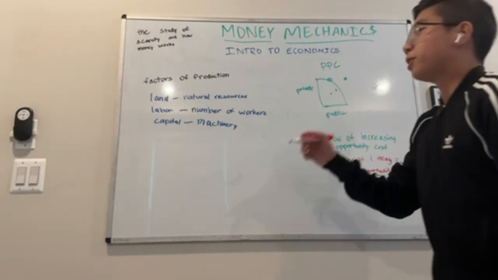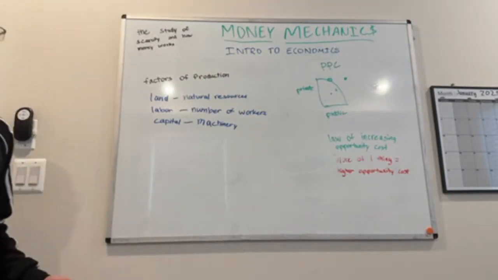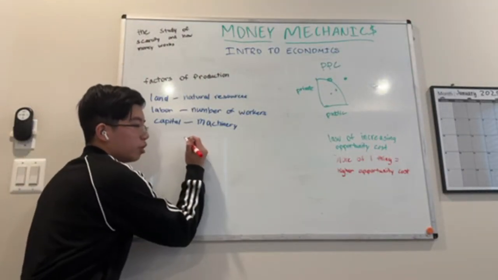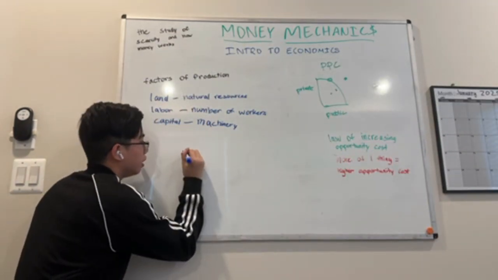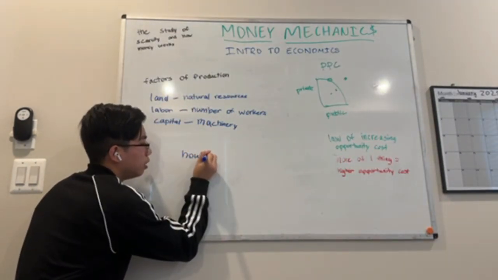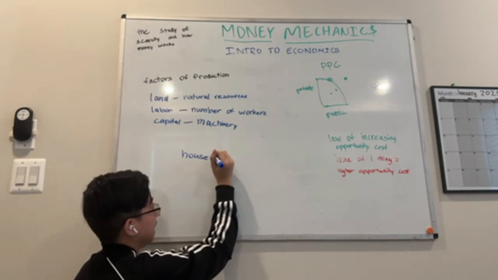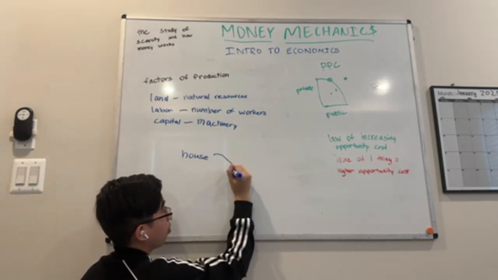And now we need to know about the money cycle. Money is in a cycle. It starts with the household, or the public, like the people. We give our money to the product market.